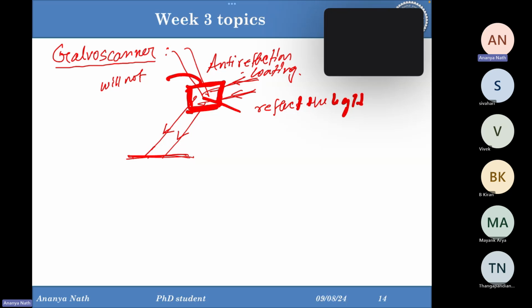Why are you using a galvo scanner? Because if you want to project the light with good accuracy, you need multiple mirrors. Obviously one mirror cannot project the image of the object over the build plate, or project the light in such a manner that an image of the object is made, and only in that image area the resin gets cured. So we need to use multiple mirrors.